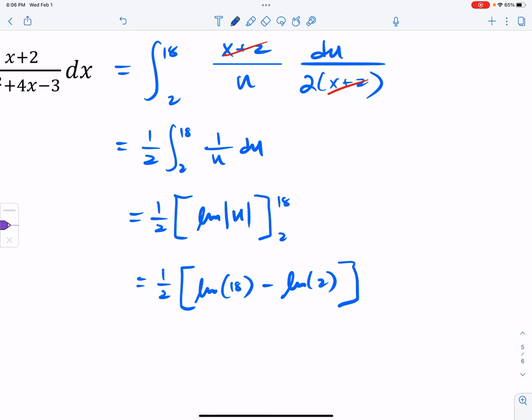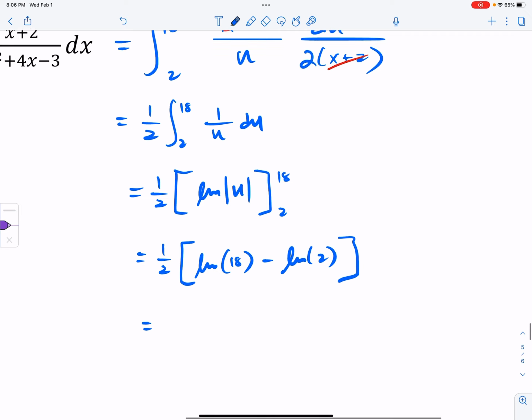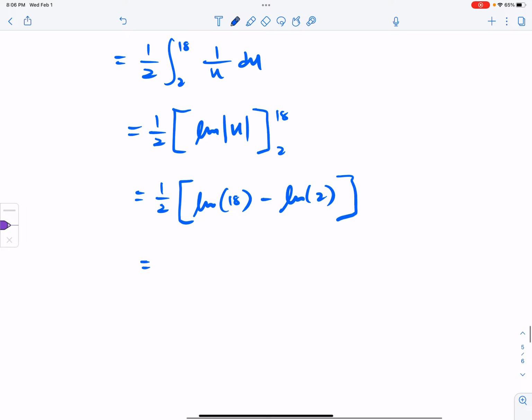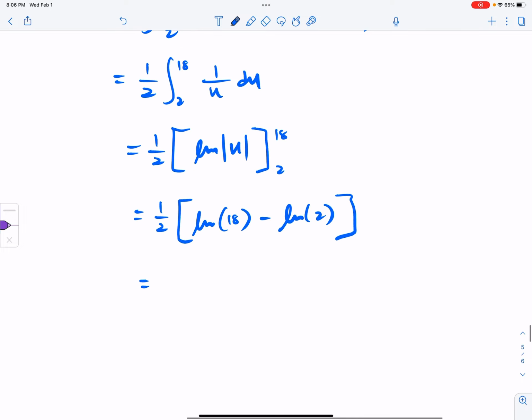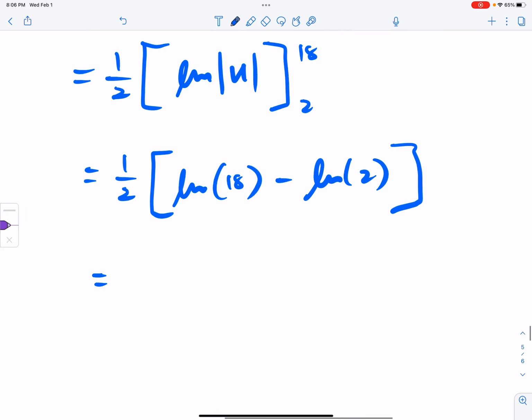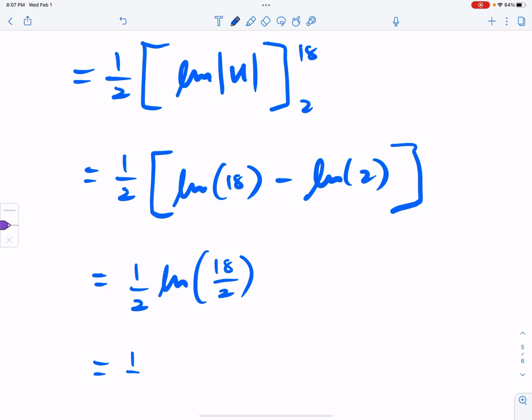We could leave it there. I mean, we could use properties of logarithms and rewrite this as 1/2 times ln of 18 divided by 2, or ln of 9, 1/2 ln of 9.